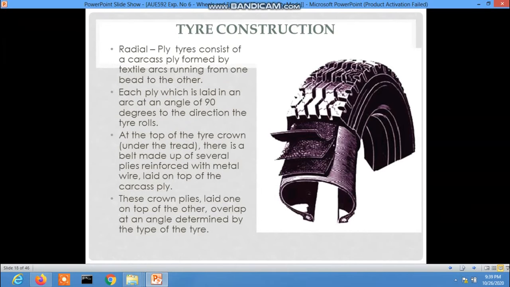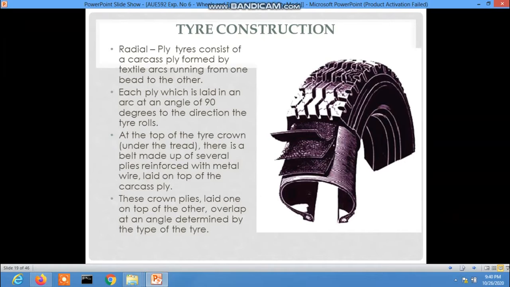Now the radial ply tire. The radial ply tire consists of a ply formed by textile arcs running from one bead to the other. Each ply is laid in an arc at an angle of 90 degrees to the direction the tire rolls.